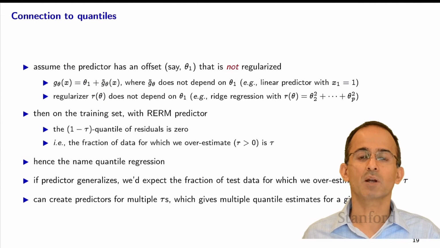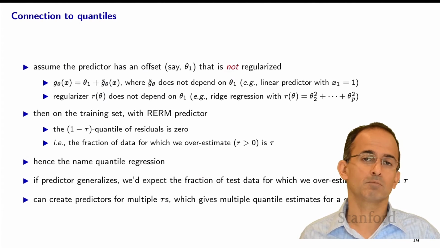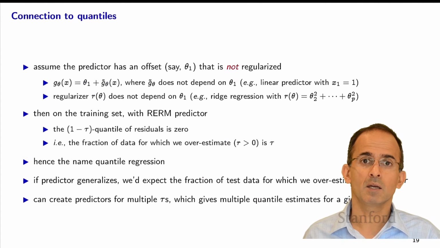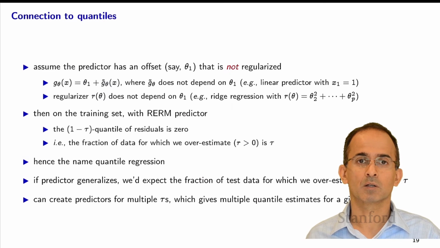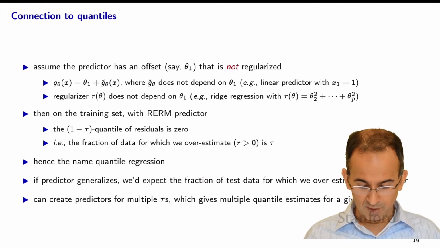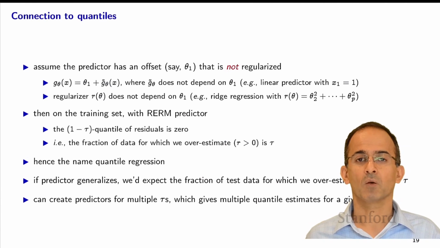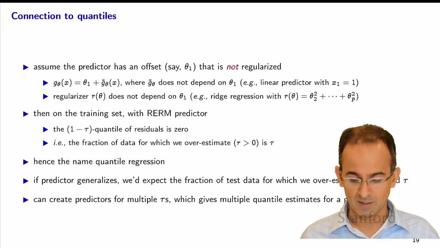And we're going to assume that theta 1 is not regularized. The other components of theta might be regularized, and g theta tilde of x may not be a linear predictor, it's an arbitrary predictor. In other words, the regularizer r of theta does not depend on theta 1. So we might have bridge regression where we're using the square regularizer, and so r of theta is theta 2 squared plus theta 3 squared all the way up to theta d squared.